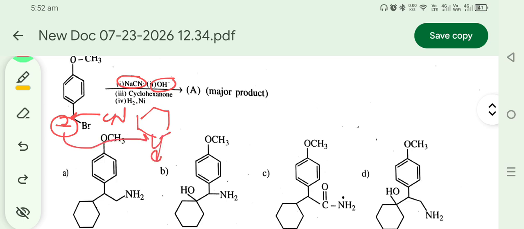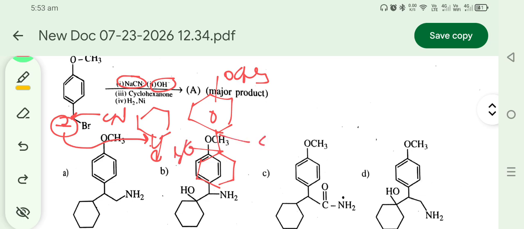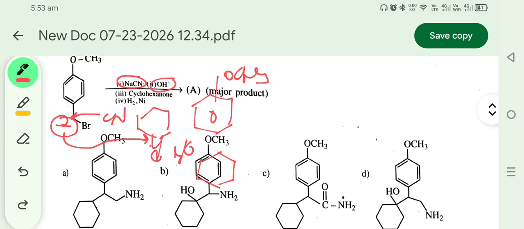This part is substituted to here and the product is methoxybenzene having this position cyclohexane, and the carbonyl part of the cyclohexanone is converted to alcohol and CN remains here. So the structure is CN and this is the OH.